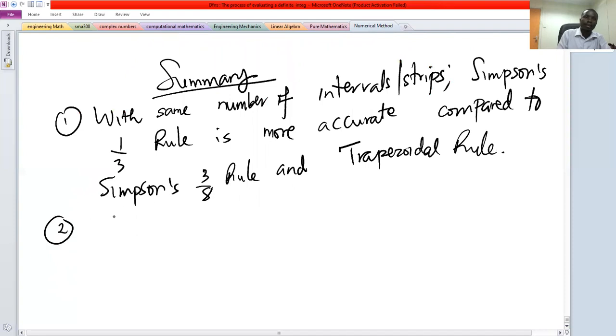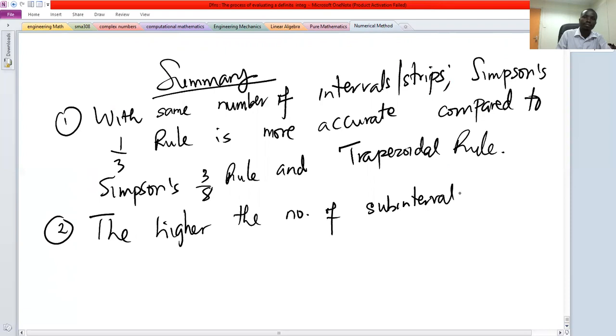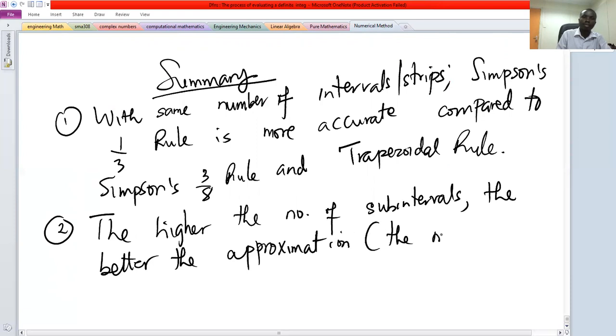And then number two, the higher the number of subintervals, the better the approximation, which is the same as the more accurate the approximation.